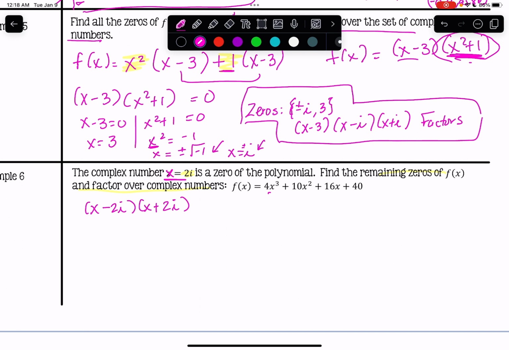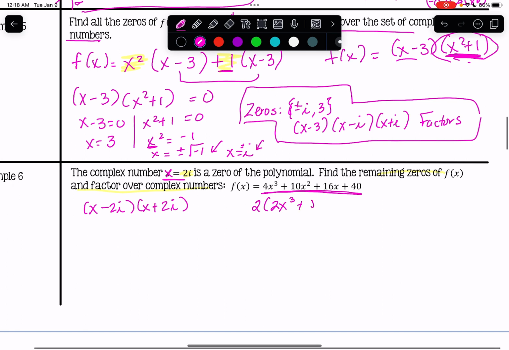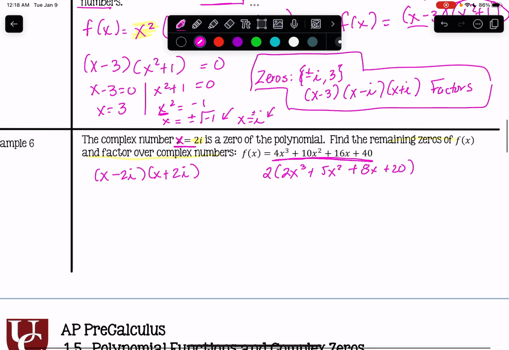And now let's try to find the remaining zeros out of here. See if we can factor that. And so we're going to just pull 2 out, and we get 2x cubed plus 5x squared plus 8x plus 20. And then we have 4 terms, so let's try grouping.